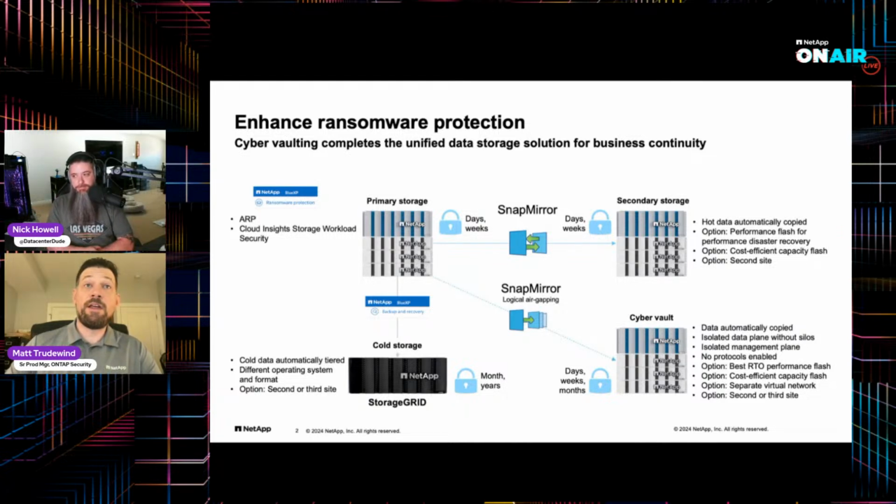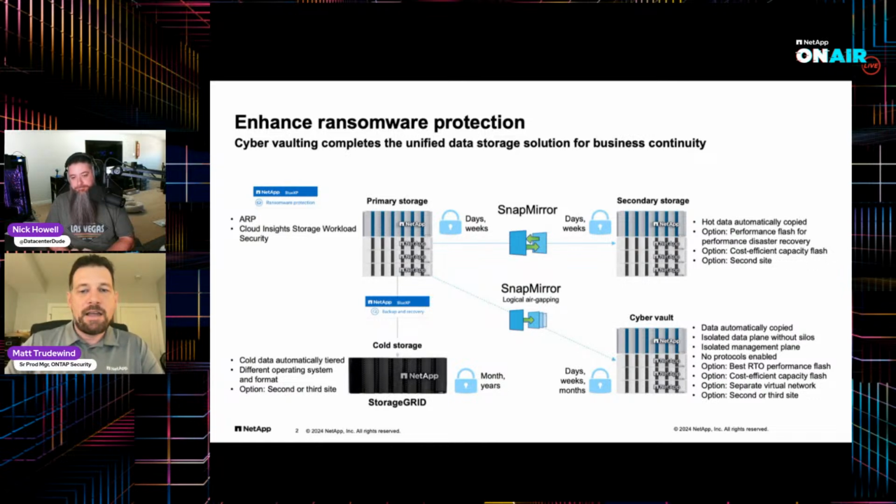Yeah, so in SnapMirror we're sending over the active file system data, and that's the data you want hot at the DR site. With CyberVault, we're taking our snapshot backup copies, and we used to call it SnapVault, but now it's a SnapMirror Vault policy. We're sending the backups to the CyberVault and locking them in a SnapLock compliance volume. Why do we do that?